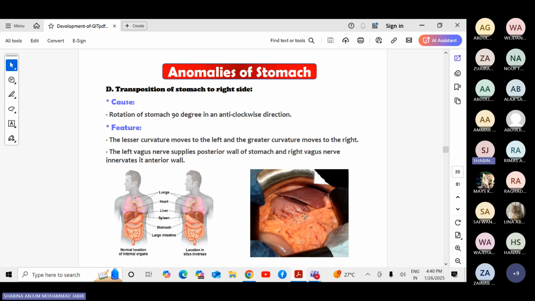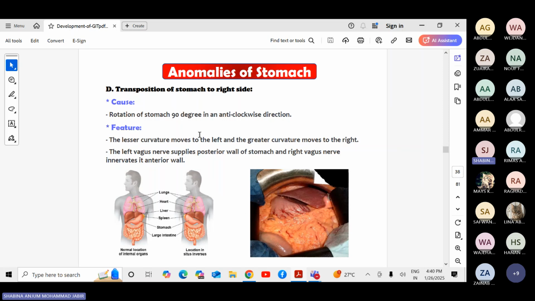Then we have the transposition of the stomach to the right side. As we know the rotation, if the rotation happens exactly opposite, in an anticlockwise direction, what will happen? The lesser curvature will go to the left side and the greater will go to the right side. The same will happen with the vagus. Left vagus will supply the posterior and right vagus will be anterior.